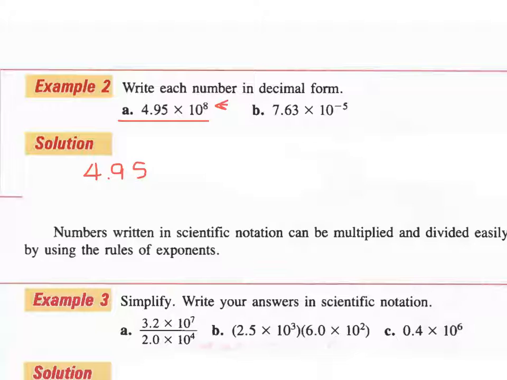It's an 8. So this tells me I need to move the decimal point 8 times from where it is. It doesn't mean I add 8 zeros. It means I move my decimal point 8 times. So 1, 2, 3, 4, 5, 6, 7, 8.